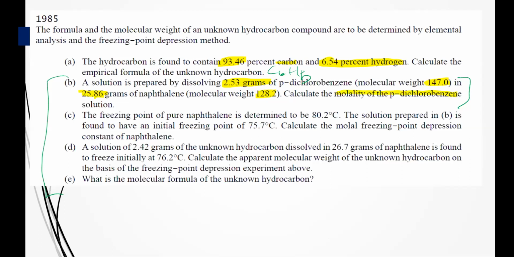So it wants us to think about the moles of the dichlorobenzene divided by kilograms of what? Is it going to be the kilograms of the solution, or is it going to be the kilograms of just the solvent?